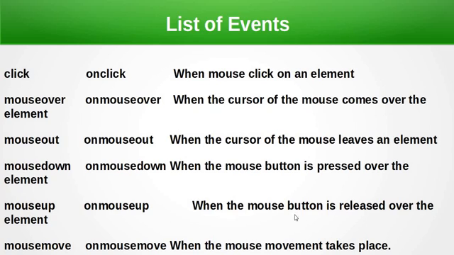Onmouseup, when the mouse button is released over the element. Onmousemove, when mouse movement takes place. These are a few events listed. There are many more examples in JavaScript. You can practice according to the user requirement.